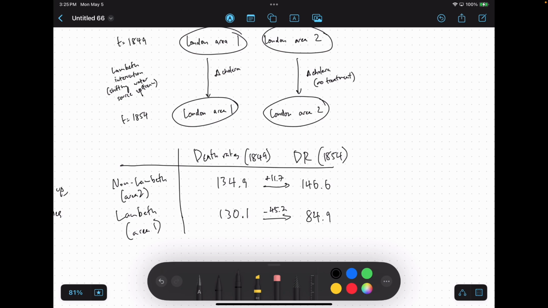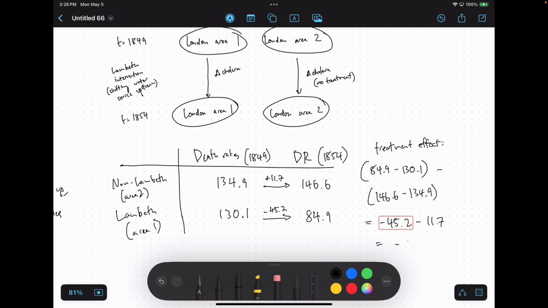And so actually the treatment effect would be 84.9 minus 130.1 minus 146.6 minus 134.9, and that is equal to negative 45.2 minus 11.7.